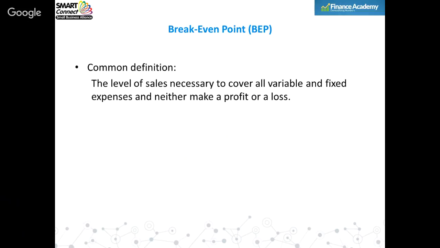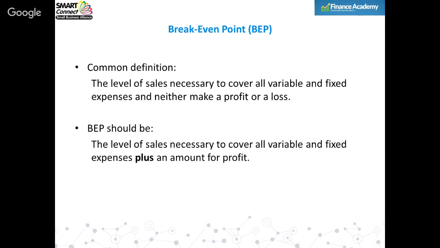According to me, the definition of break even point should be level of sales necessary to cover all variable and fixed expenses plus an amount for profit. What is the point of just breaking even in business if you are not making a profit?